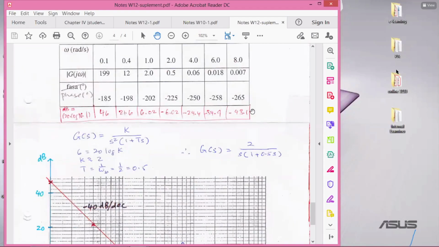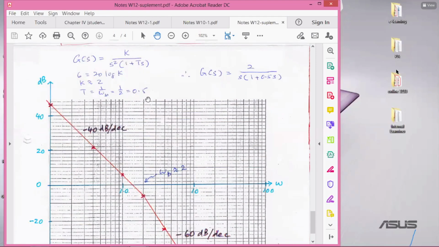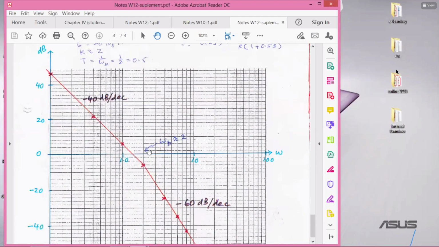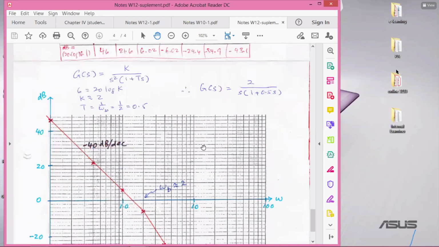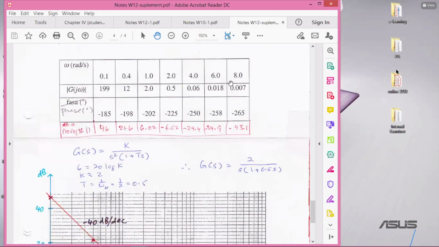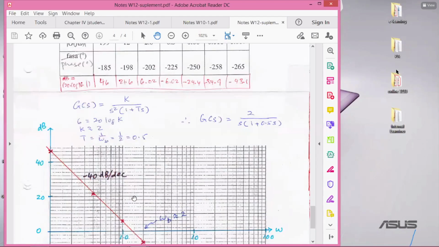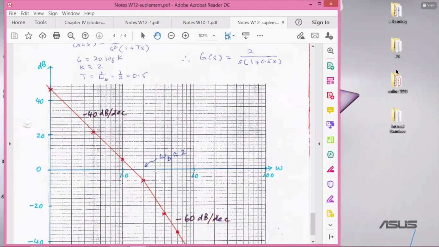And then you transfer the rest of your points. For example, at frequency 2, negative 6 decibel. So where's your 2? There's 1, there's 2. So that's negative 6. Last point, frequency 8, negative 43 decibel. So that's 0.1, 0.2, 0.3, 4, 5, 6, 7, 8.